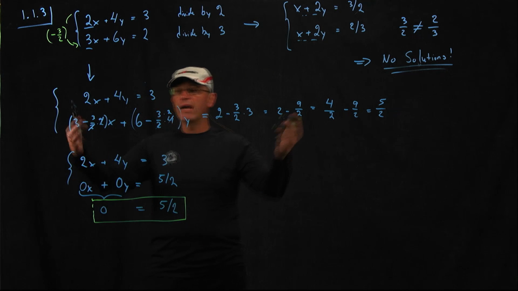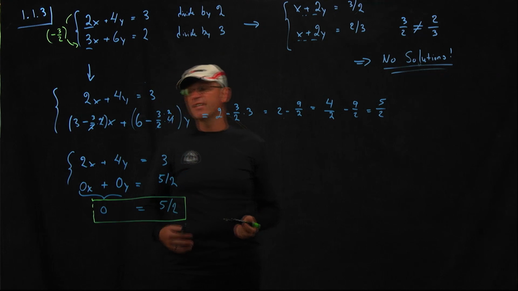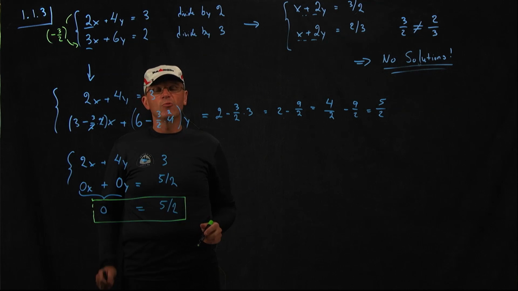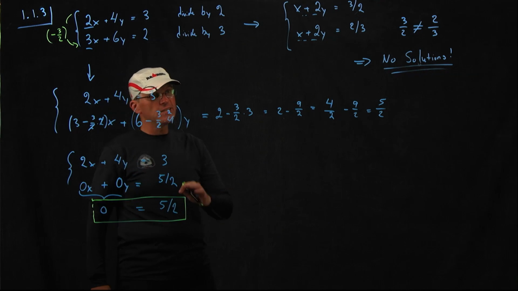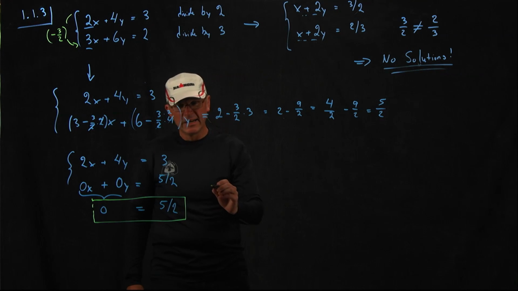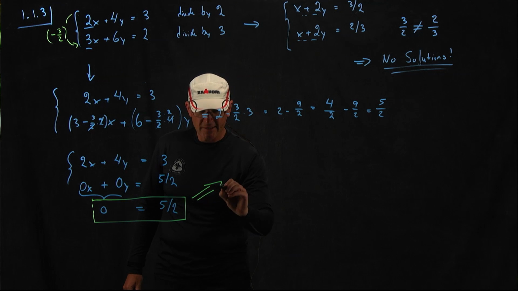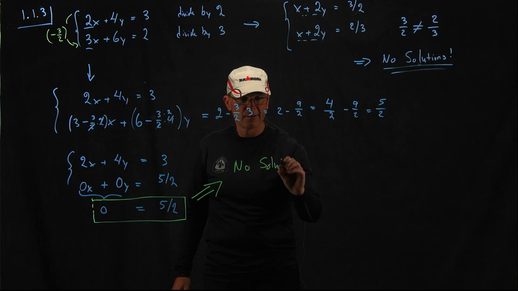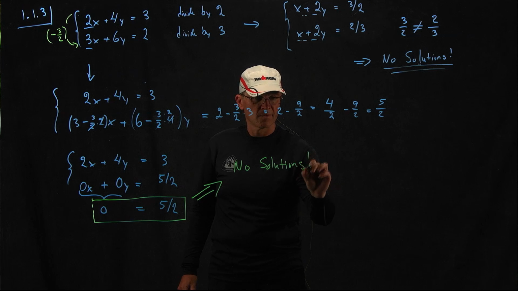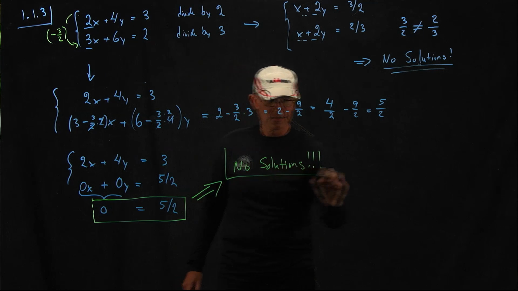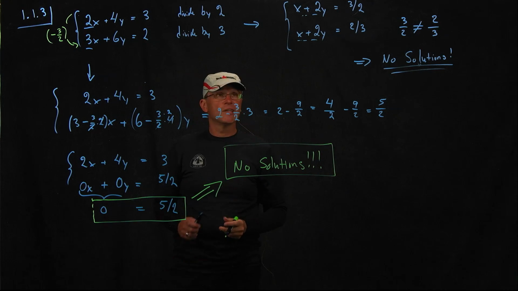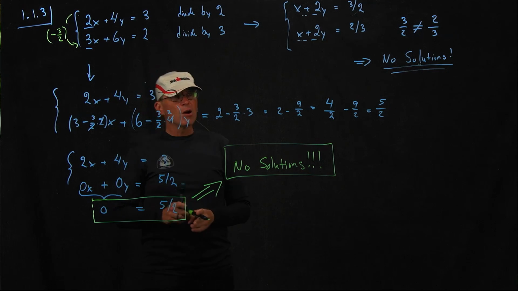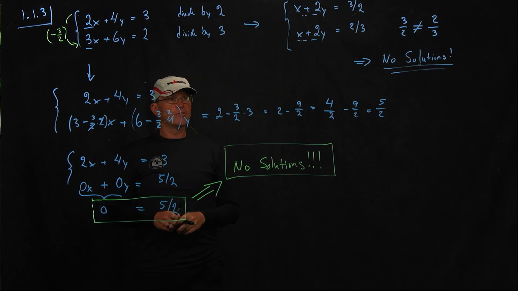So if we ever eliminate a system, we solve a set of equations, and we end up with one row that's saying 0 equals something non-zero, that doesn't make any sense, and that indicates that we have no solutions. Right, because that makes no sense.